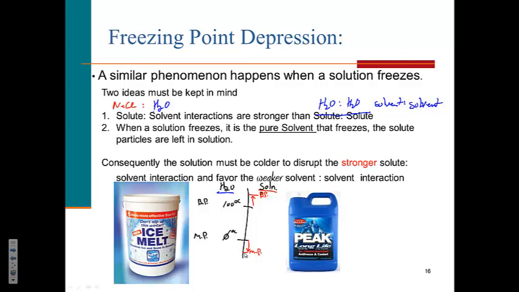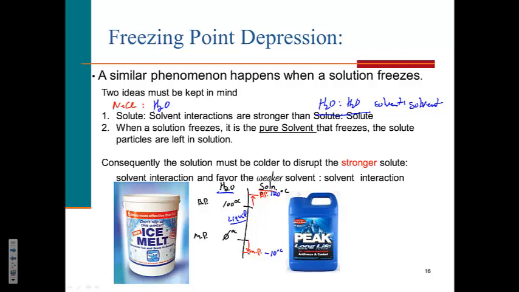So by lowering the melting point, we've essentially stretched out the liquid range of water. We've stretched it out on top. We've stretched it out on the bottom. So if you think about it, water is a liquid from 0 to 100, but in a solution, now maybe it's, say, negative 10 degrees and, I don't know, let's say 120 degrees.